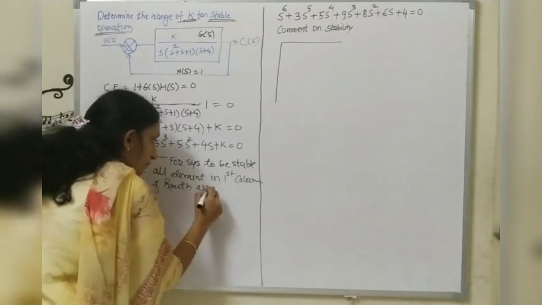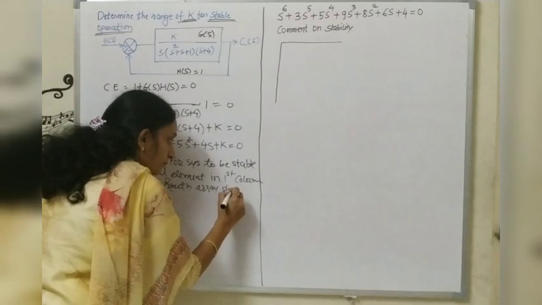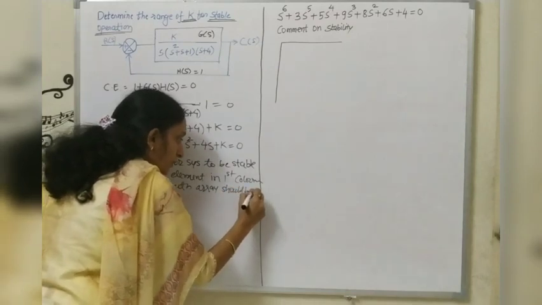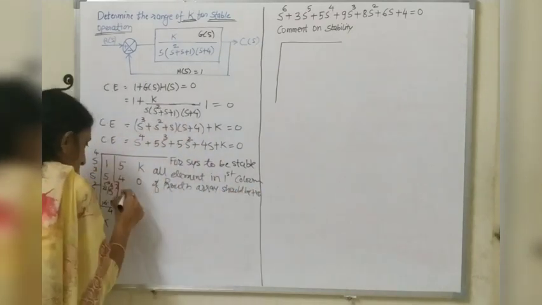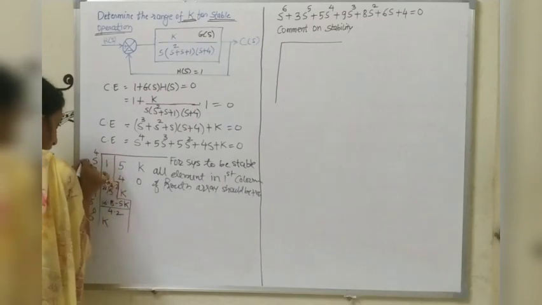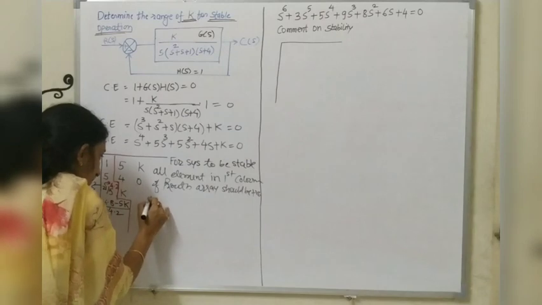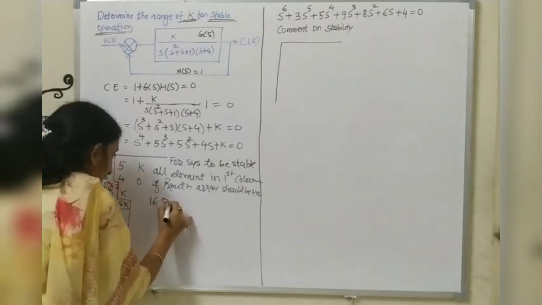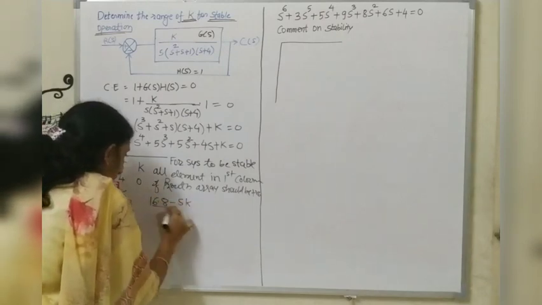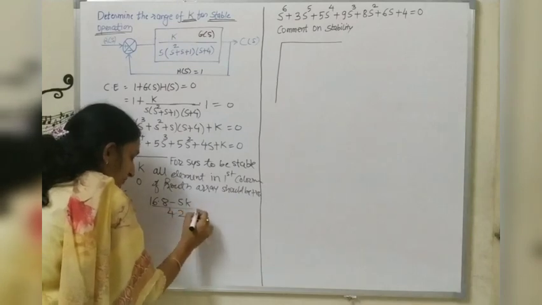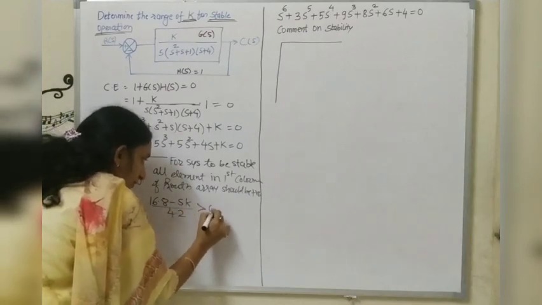So we consider the first column of the Routh array. These are positive, positive, positive, and we need to check this term: 16.8 minus 5k upon 4.2. For the system to be stable, this term should be greater than 0.